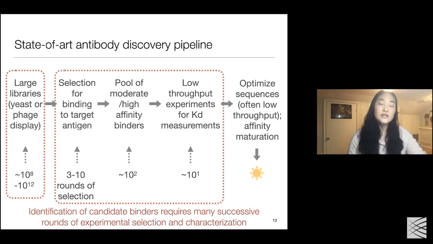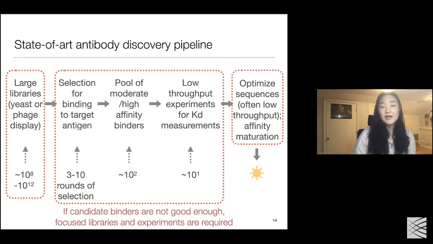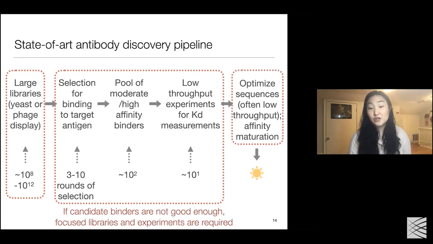Secondly, the experimental burden is high. The identification of candidate binders requires many successive rounds of experimental selection and characterization. And not only does it require many rounds of affinity selection, oftentimes a lot of these selection experiments require negative selections against unfavorable qualities such as non-specific binding or instability, aggregation, etc. And if binders are not good enough for whatever reason, you need to develop more focused libraries and more experiments are required.